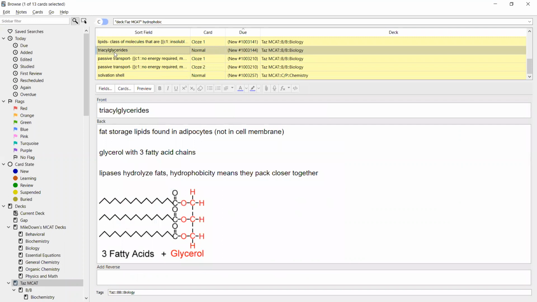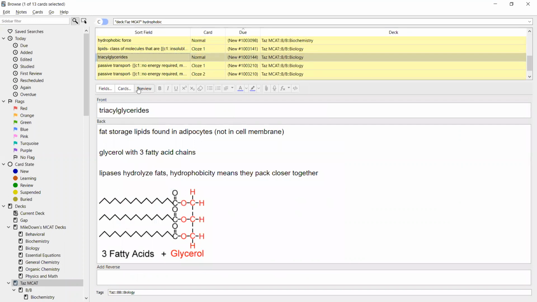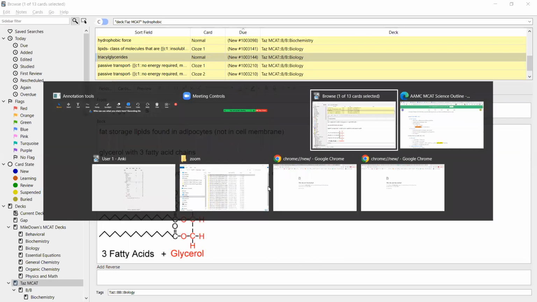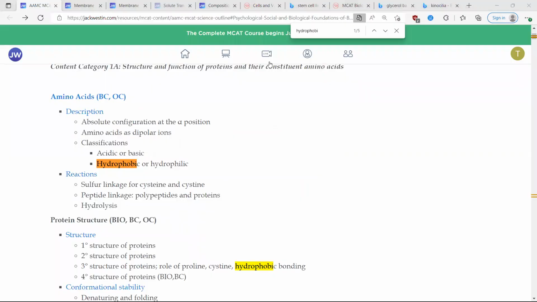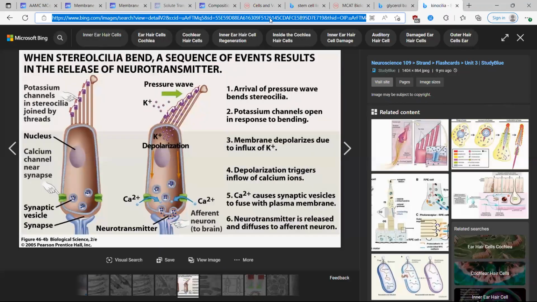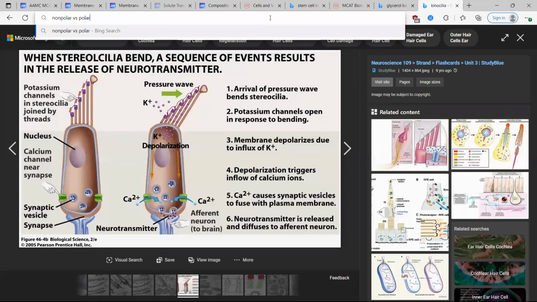But I also want to explain it in a general sense. Because they said 3 fatty acids and glycerol, if you know that 3 fatty acids and glycerol is a triglyceride, and you know that a triglyceride is hydrophobic, then those are facts that can tell you. But what if you don't know that? Well, starting from a basic fact of what hydrophobic versus hydrophilic actually means, or what nonpolar versus polar actually means. Nonpolar versus polar bonds.